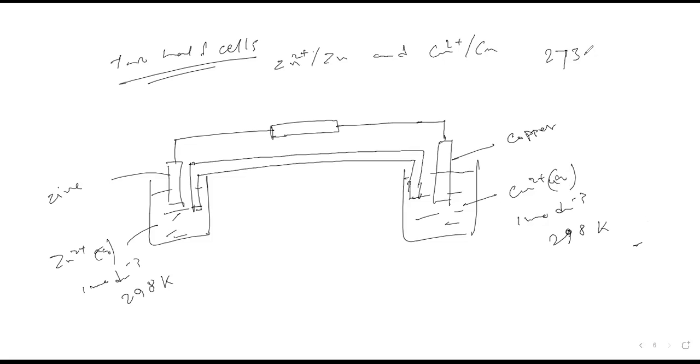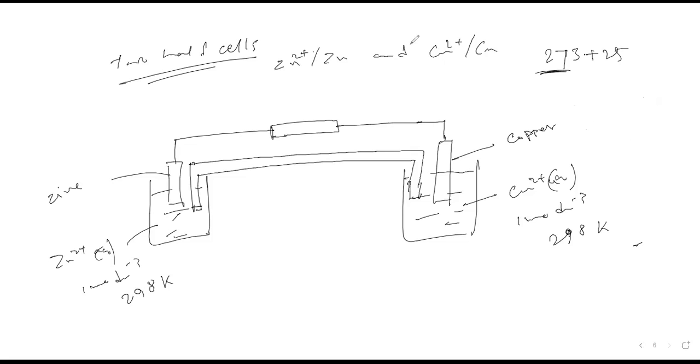So room temperature is 25 degrees centigrade. If 0 is 273, then 25 degrees centigrade means 273 plus 25. This gives 298 Kelvin.